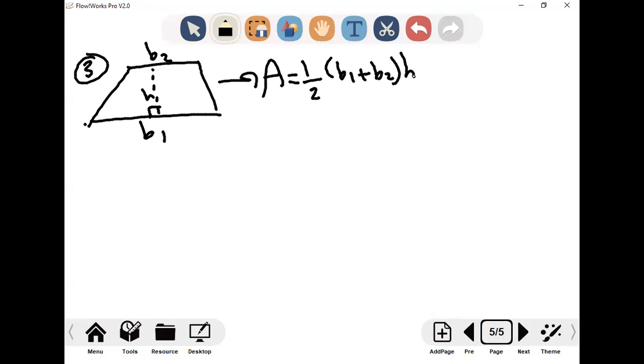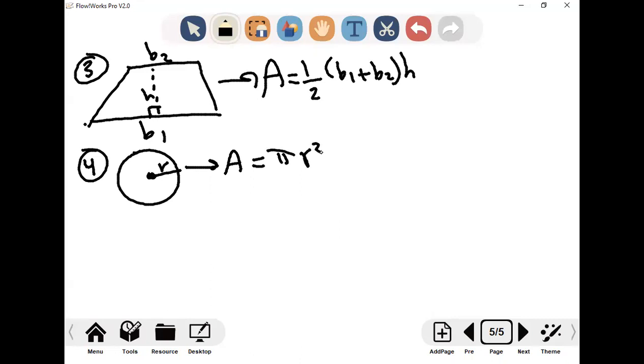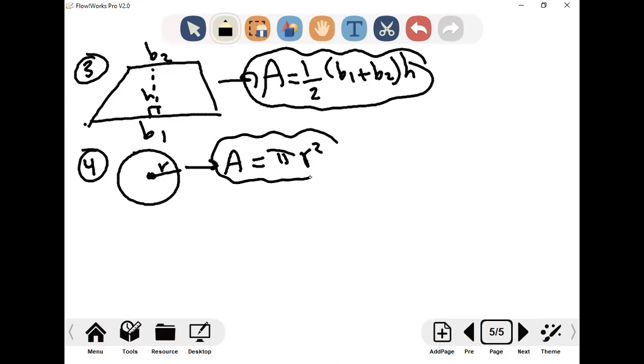Half, B1 plus B2 inside the parentheses, multiply the height. Figure number 4, we have the circle, right? Now in the circle, we know the radius. We know the area. Before, we had A equal pi r squared. So this is the area of the circle.